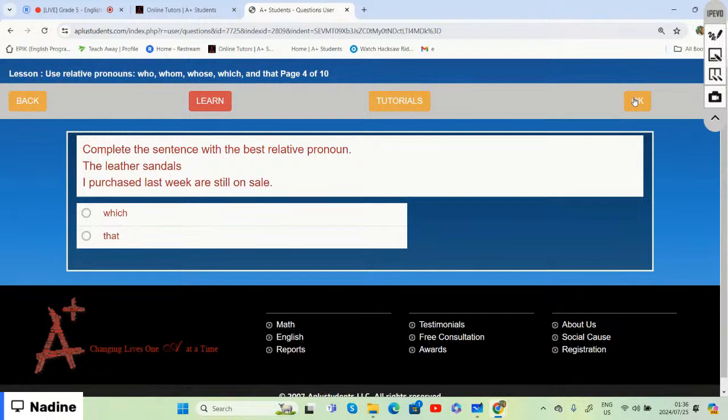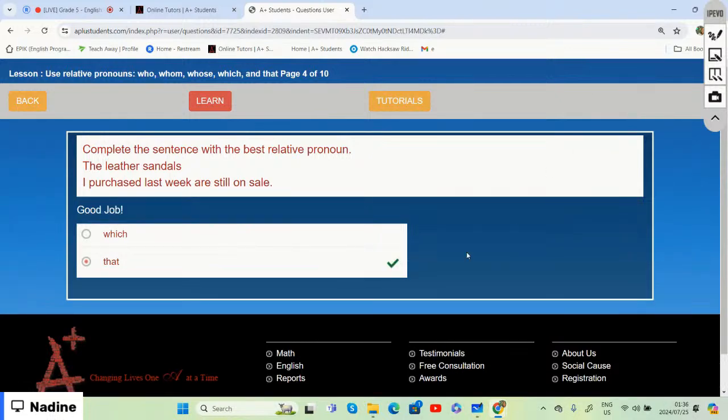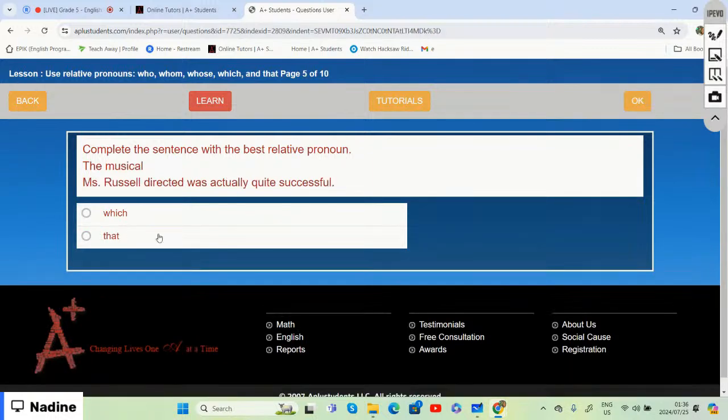So the leather sandals that I purchased last week are still on sale. So well done. That is correct. That was the second option.